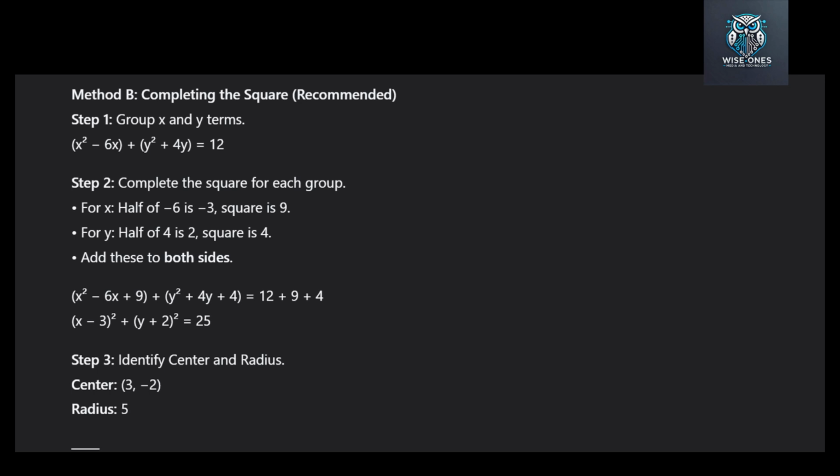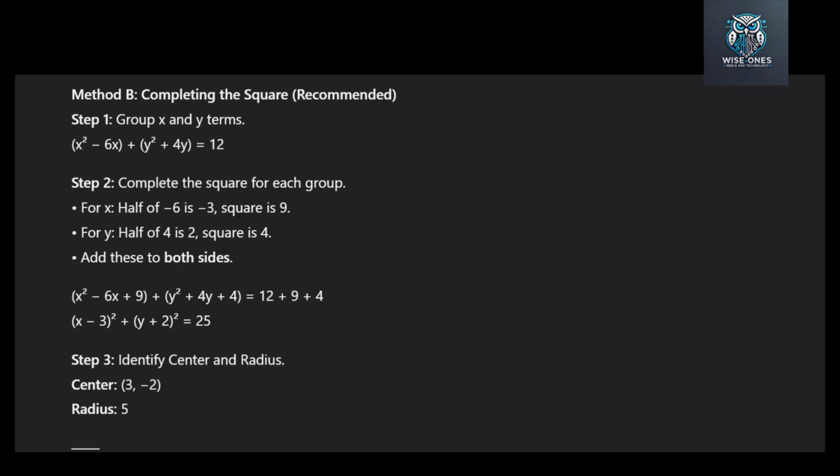So we write open bracket x squared minus 6x plus 9 close bracket plus open bracket y squared plus 4y plus 4 close bracket equals 12 plus 9 plus 4. Step 3. Simplify. The first bracket becomes open bracket x minus 3 close bracket squared.